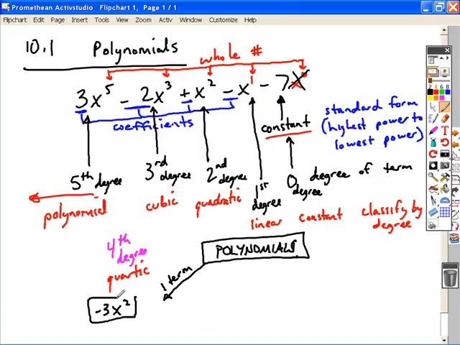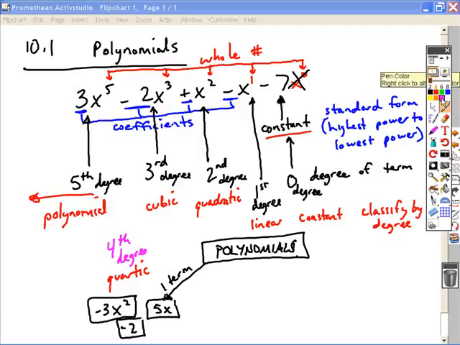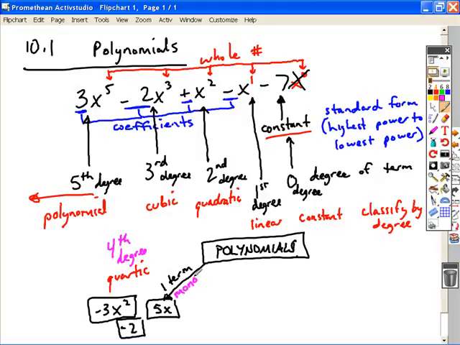It could be something like 5x. It could be something like just a number, negative 2. These are all called monomials. And so you should be familiar with the prefixes, one term, the prefix representing 1 is mono. So a monomial has one single term.